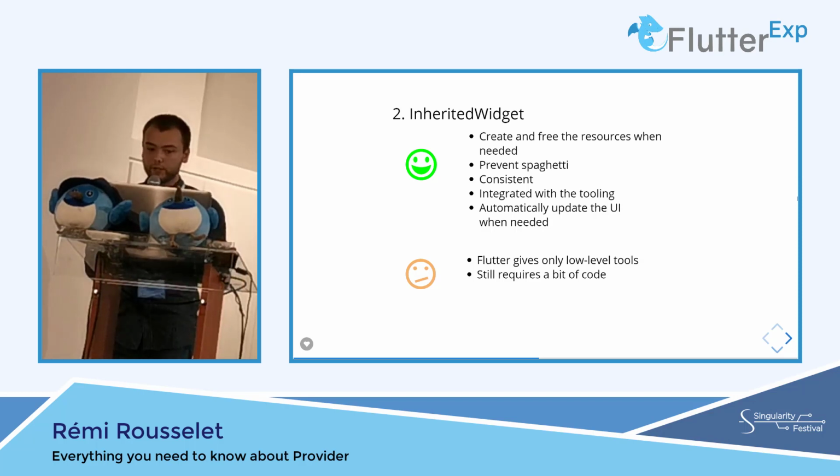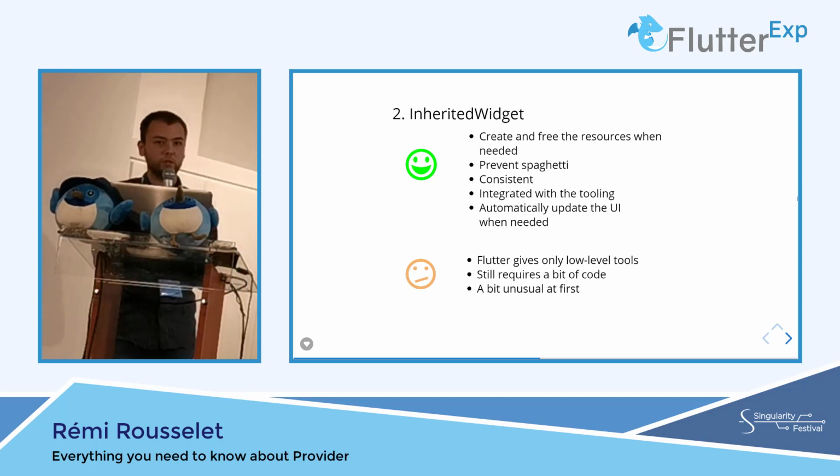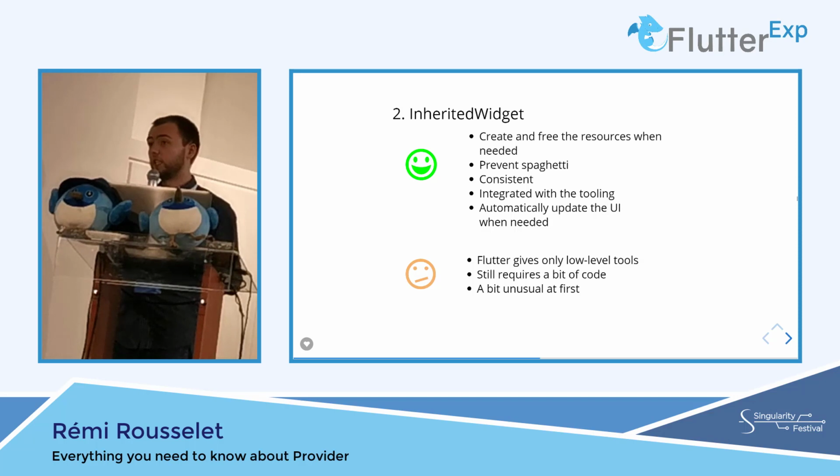So people tend to be lazy and don't do it. And it's also a bit of an unusual pattern at first. If you're not familiar with widgets, which many are not, then you may not understand what an inherited widget is at first. So it's a kind of mind shift.